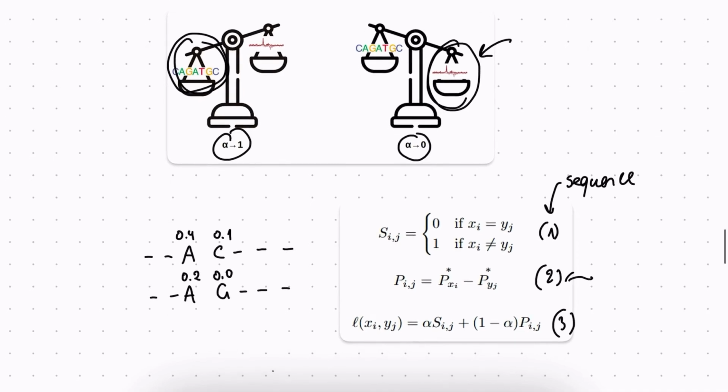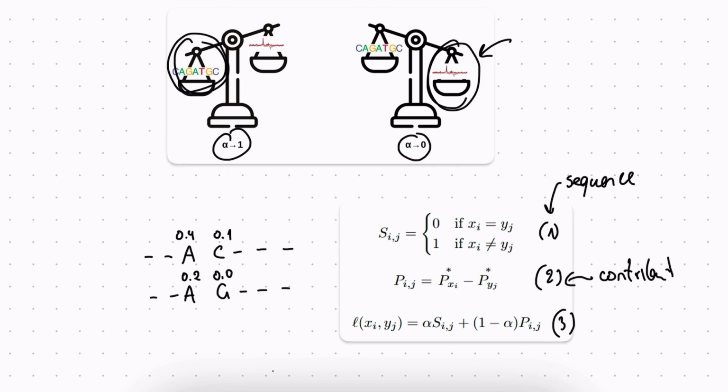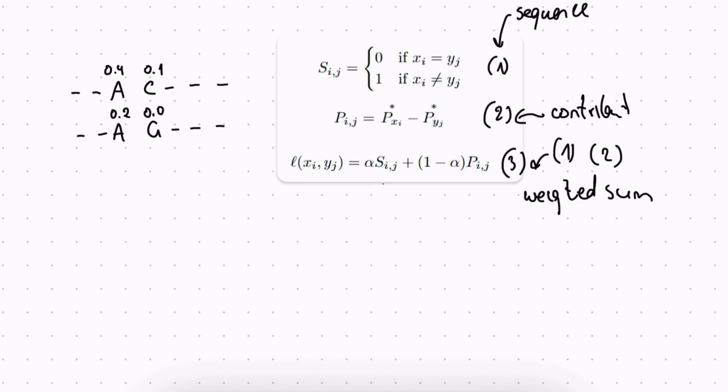The second equation computes the difference between the profiles, or more accurately, the contribution scores. And the third equation puts equations 1 and 2 together and computes the weighted sum. To better understand these equations, let's take a look at an example.